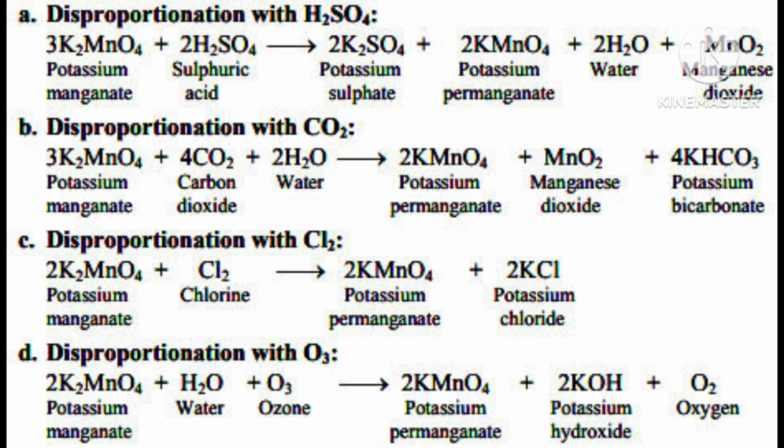Now the next reaction: sulfurous acid or sulfite SO3 is oxidized to sulfate or sulfuric acid. This reaction is also very important. 5SO3 2-, I am talking about sulfite, plus 2MnO4-, meaning potassium permanganate, plus 6H+ gives three products: 2Mn2+ everywhere you are getting 2Mn2+, 3H2O, water is also getting everywhere, plus 5SO4 2-.